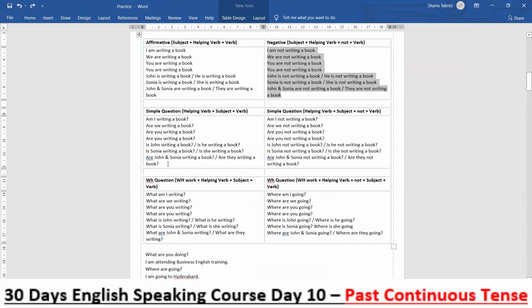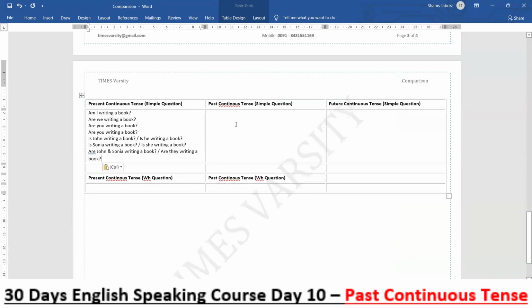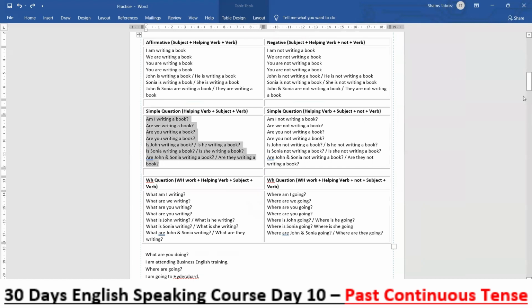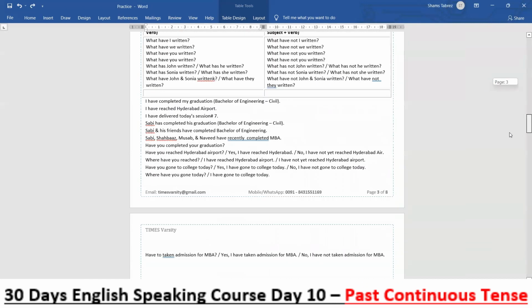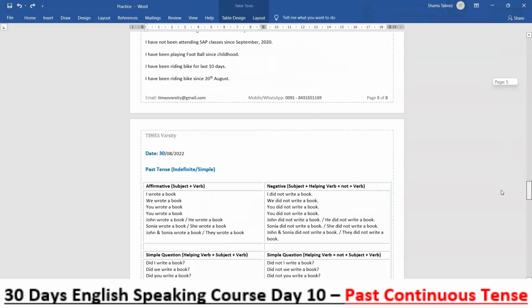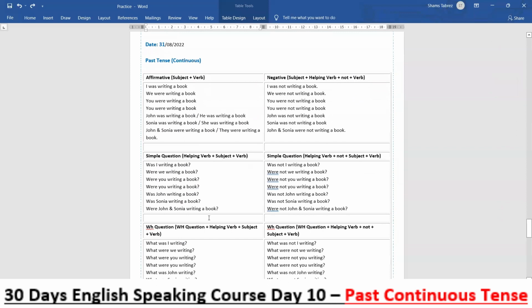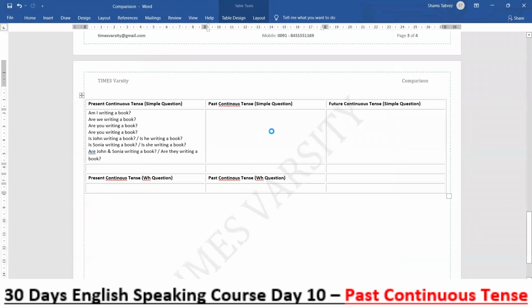So this is present continuous simple question. We will compare with past continuous simple question.